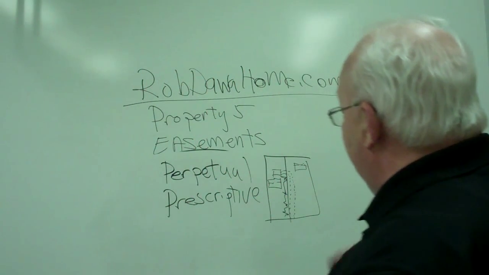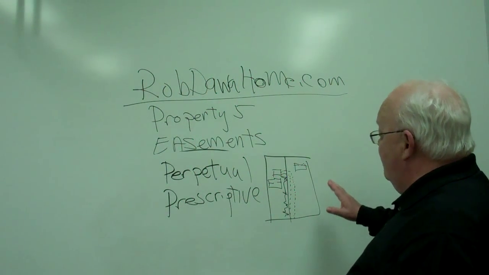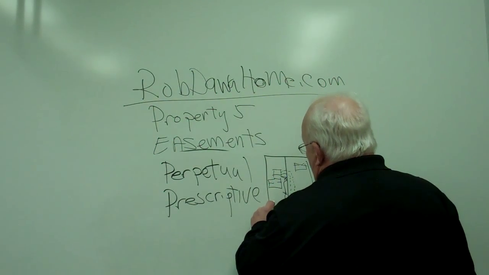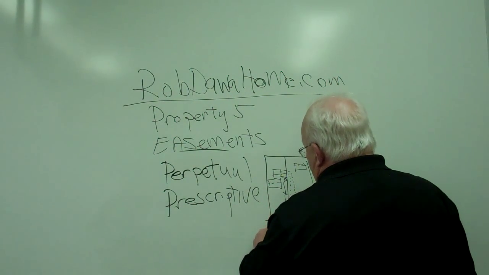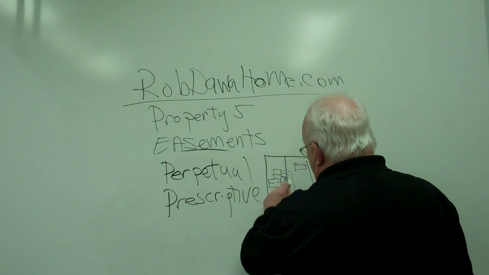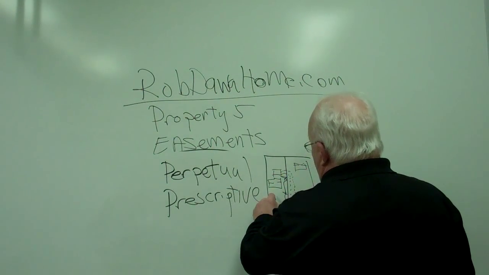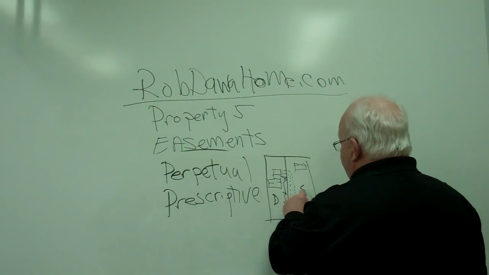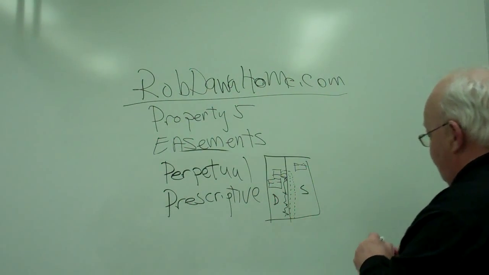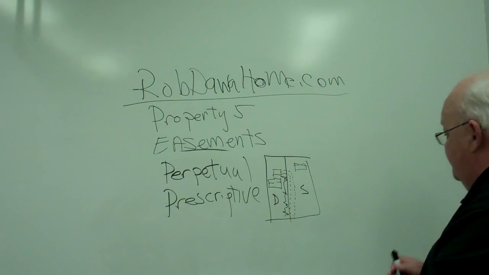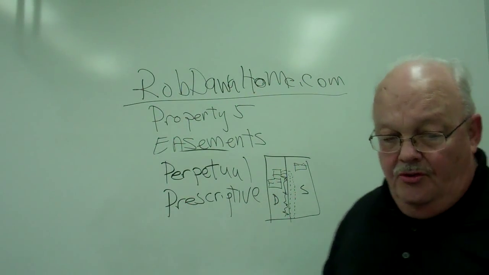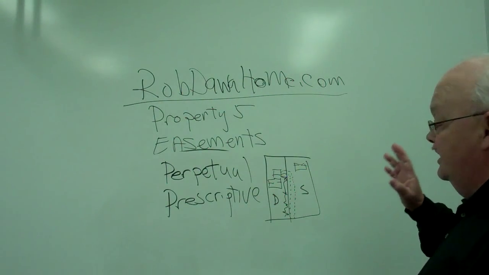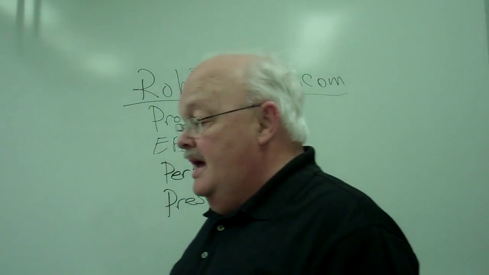Once that guy gets through all the requirements, this is the dominant tenement and this guy is the servient tenement. He follows all the rules, which vary from state to state, and now basically he owns an easement.